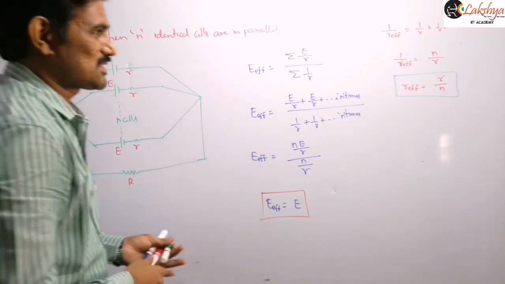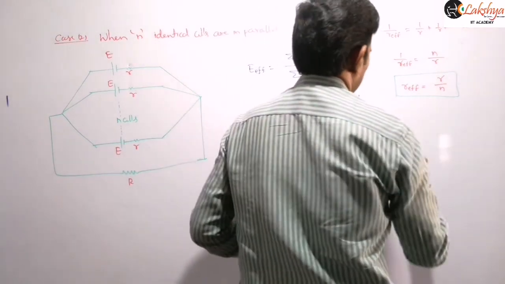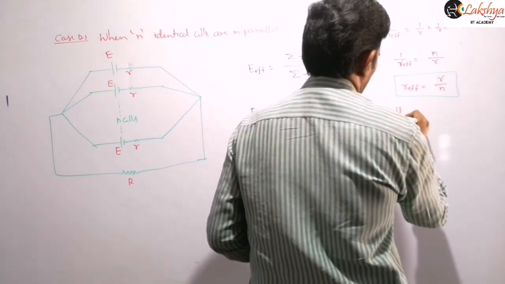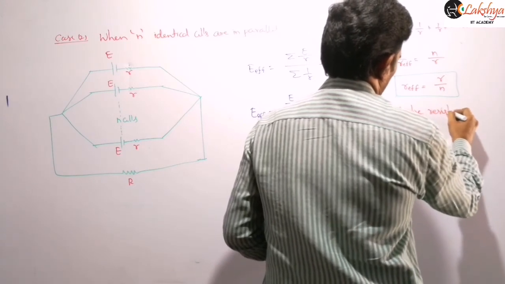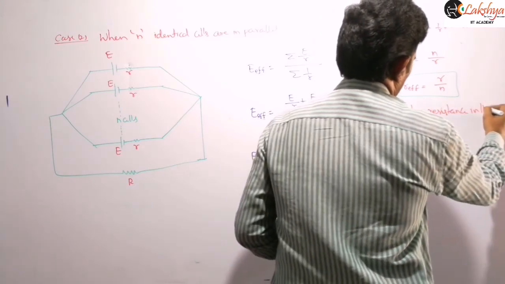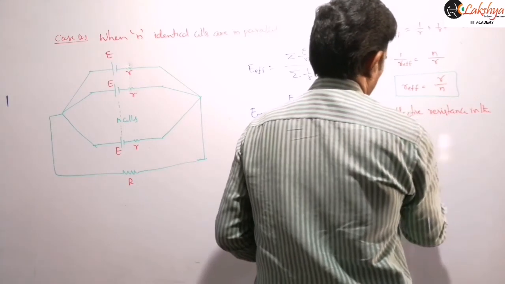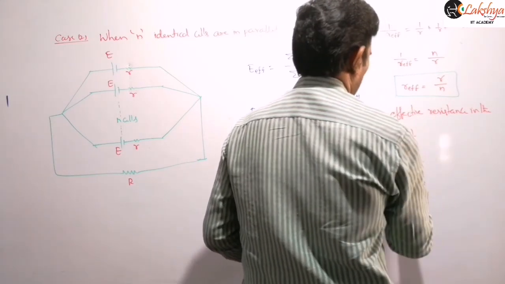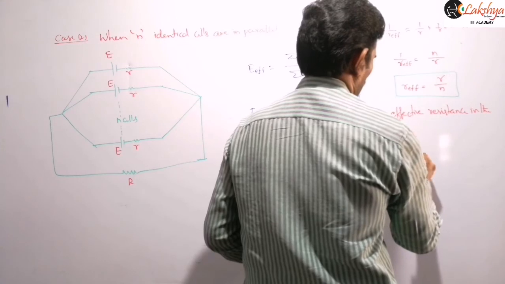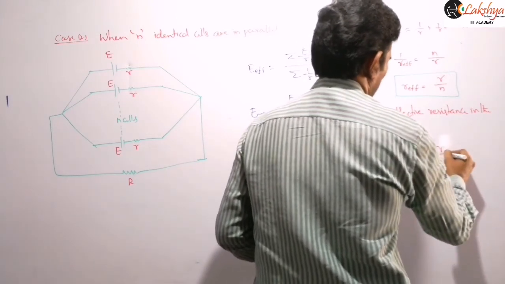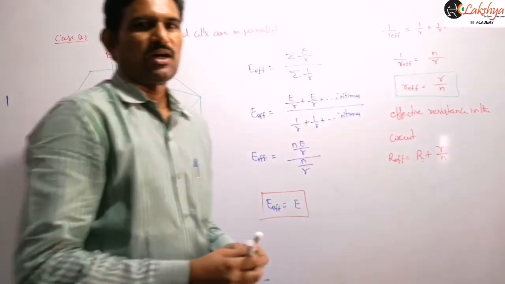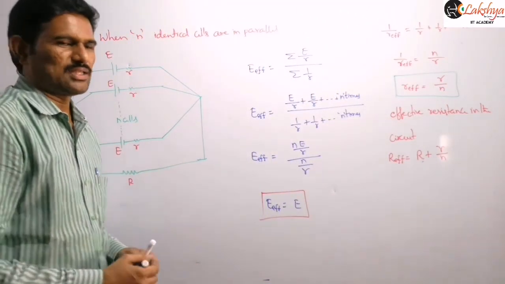Now total resistance in the circuit, let us write. Effective resistance in the circuit, so that we can write as R effective is equal to external resistance plus this internal resistance. And from this we can write the effective current in the circuit.